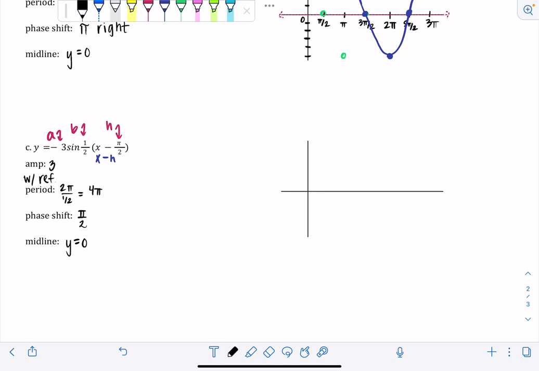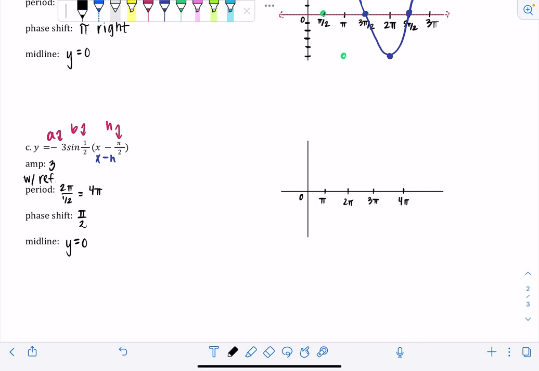Okay, so we'll set up our x-axis according to the period, and then we'll worry about the phase shift after. I'm going to leave a little bit of space at the end, just so we have room for the extra pi over 2. So we're going from 0 to 4 pi, and then we'll separate that into fourths. Halfway is 2 pi, a quarter of the way is pi, and halfway between 2 pi and 4 pi is 3 pi.